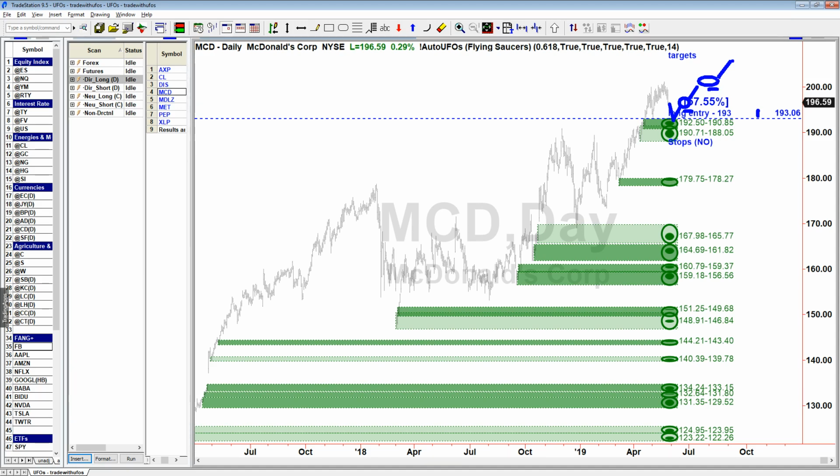Let's say McDonald's now comes back, reacts to the UFO, keeps going, and not only that, then gives you a new UFO. So you move the line there. Let's say now McDonald's goes down and hits the virtual stop. That's your exit, and that's how much you made. So you are basically exposing yourself for whatever profit is possible depending on whatever is going to happen.